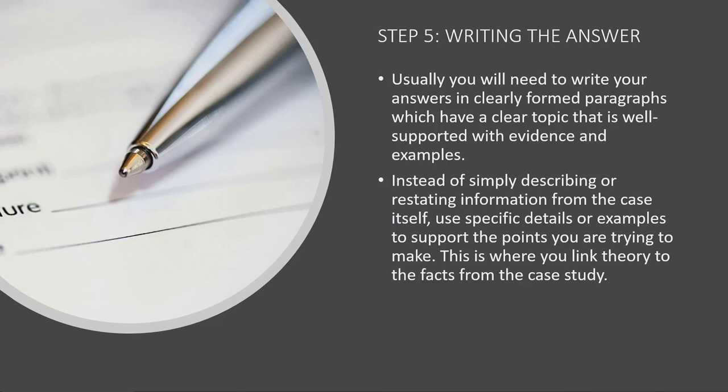Instead of simply describing or restating information from the case itself, which is a very common mistake made by students, we want you to use specific details or examples to support the points you are trying to make. This is where you link theory to facts from the case study. So, what it means is that you will identify key facts and use these facts to support the claims that you are making in your answer.